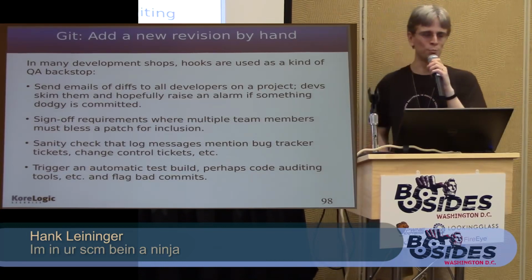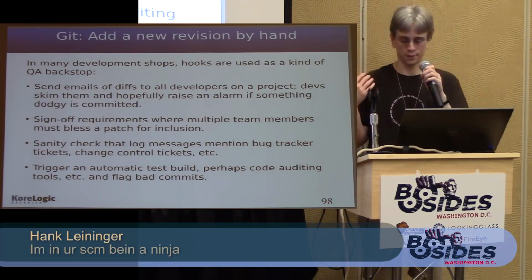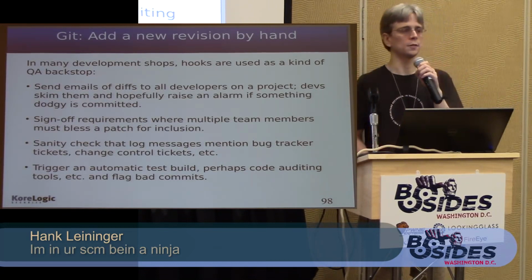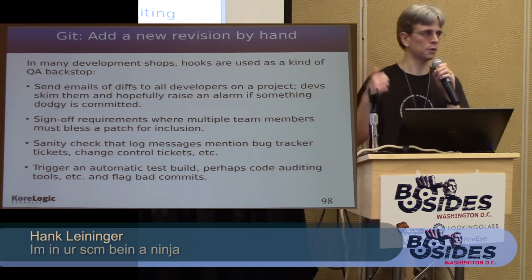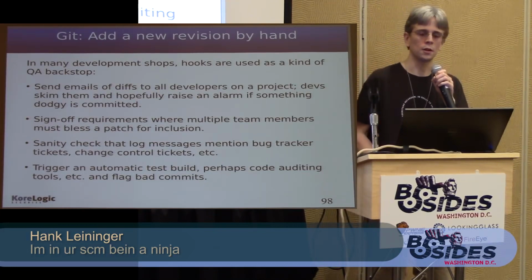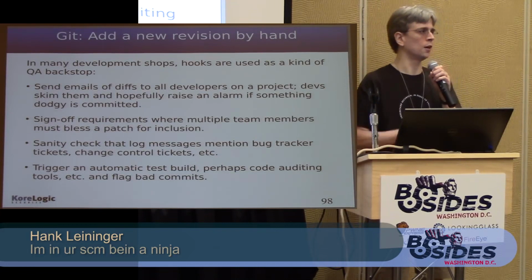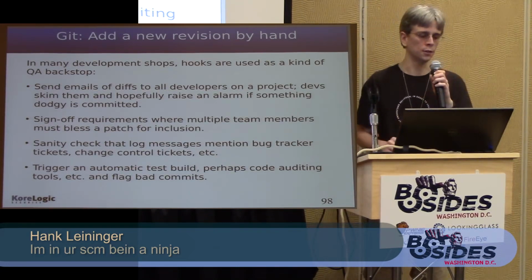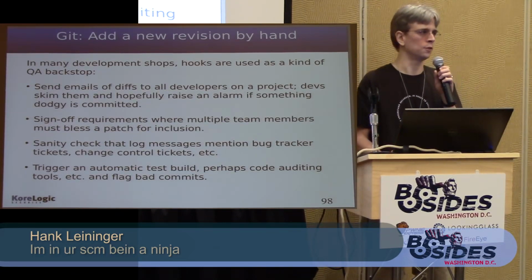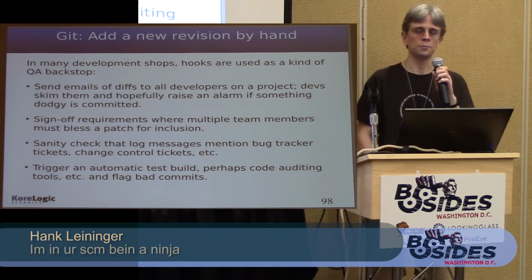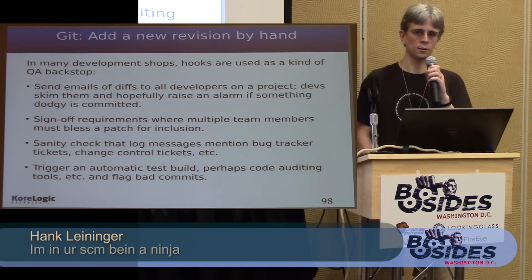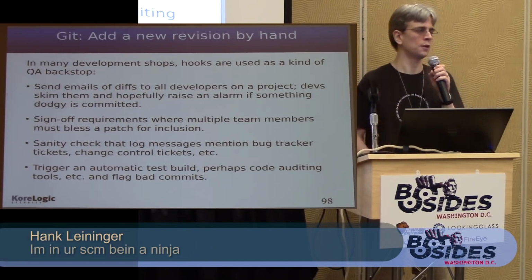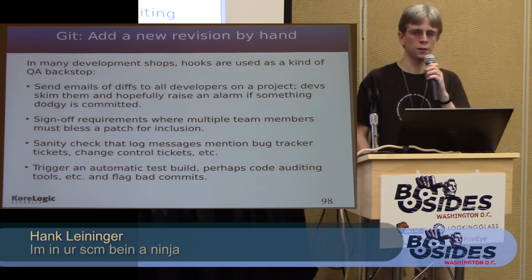Or it goes to an automated review process where, first of all, if the code doesn't compile, but second, if it gets flagged by any kind of automated checker you have, then it gets rejected. That's cool. Or it requires sign-off by multiple other developers before it's allowed. Or the log message is required to mention the bug tracker ID that it fixes, or the configuration change is required to reference the change control ticket.